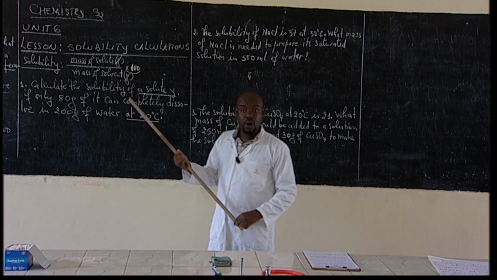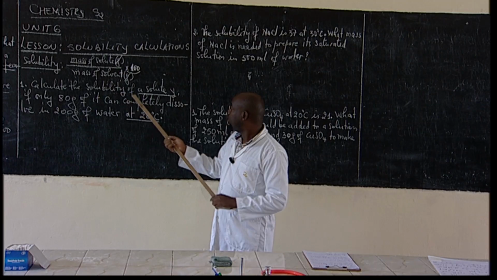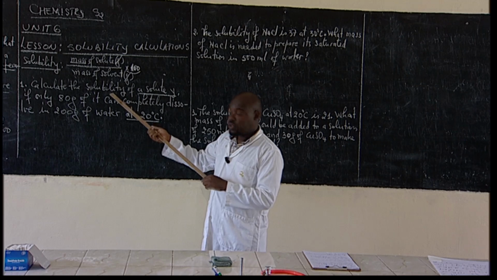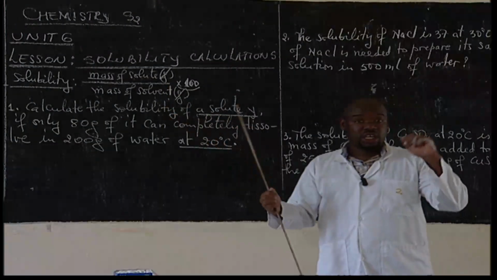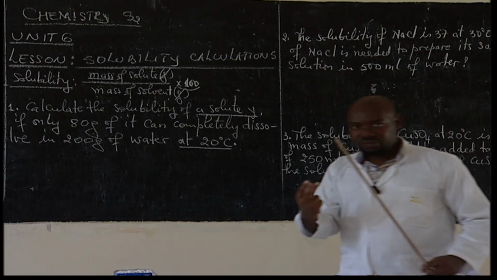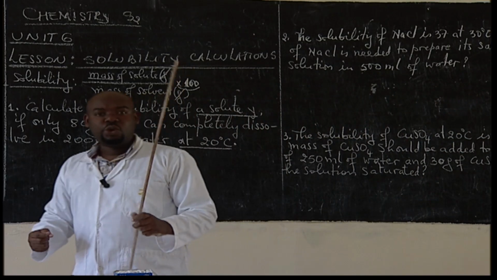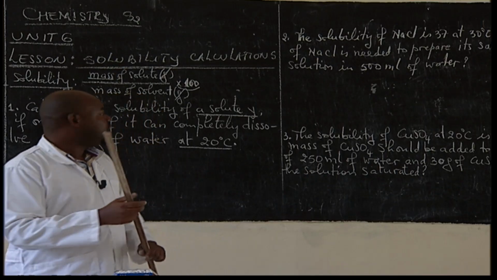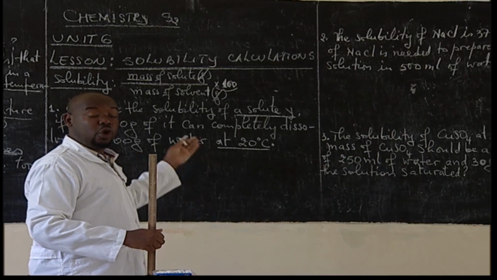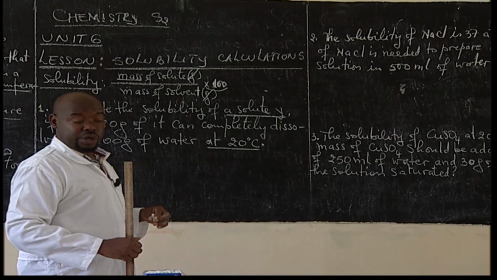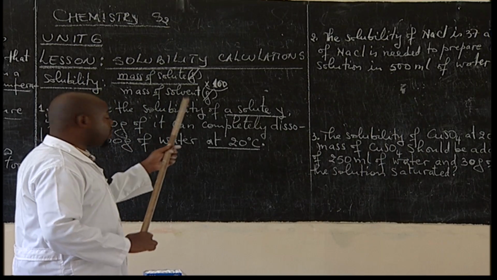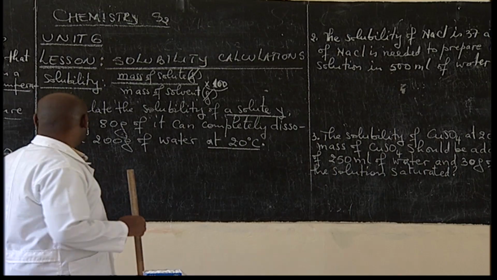And what are we asked here? We are asked to find the solubility. So from the formula, we have to check if we have everything we need. Do we have everything we need to just apply this formula? So we have to go back in the question and see if we have mass of solute and the mass of solvent. Let us analyze the question.